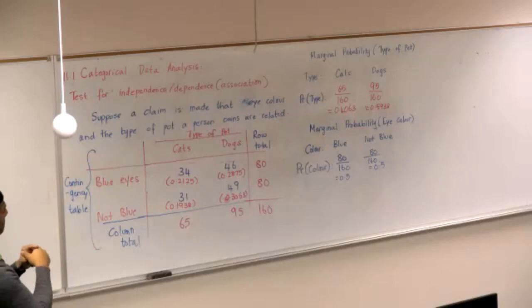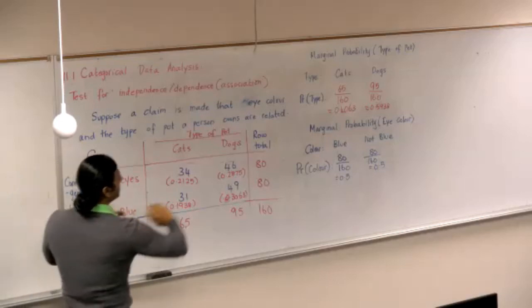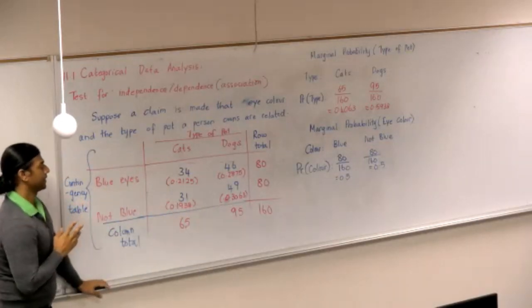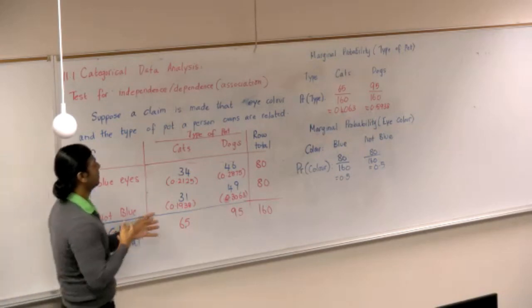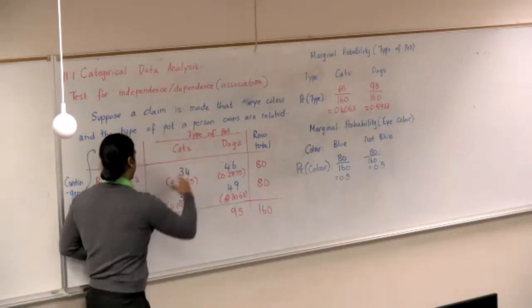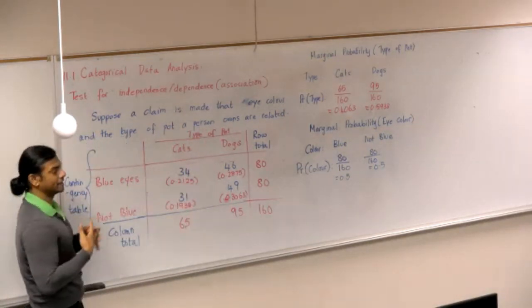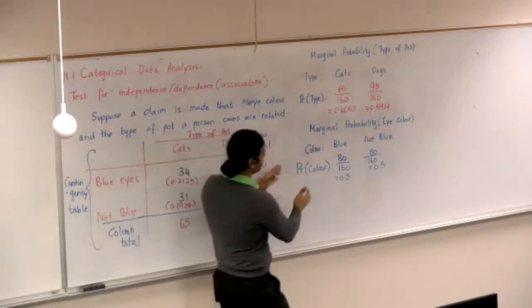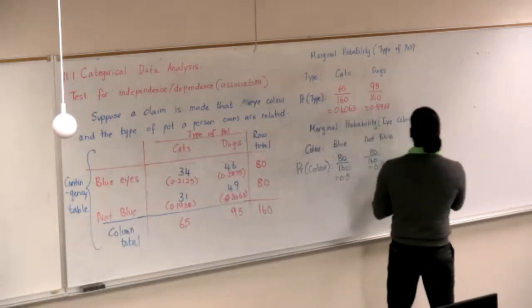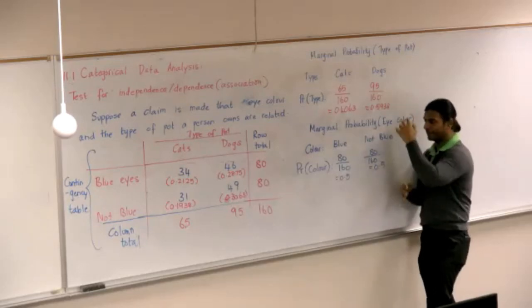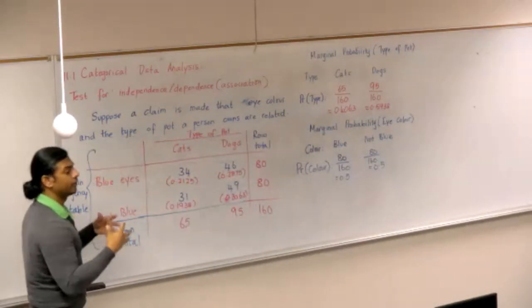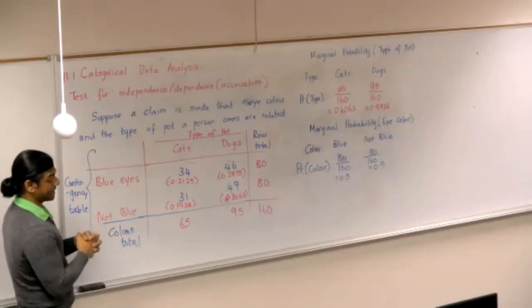Now, neither of those by itself is going to give us a conclusion on whether type of pet and eye color are associated. Because here we are looking at eye color and type of pet separately, and here we are looking at a joint probability of them happening together.